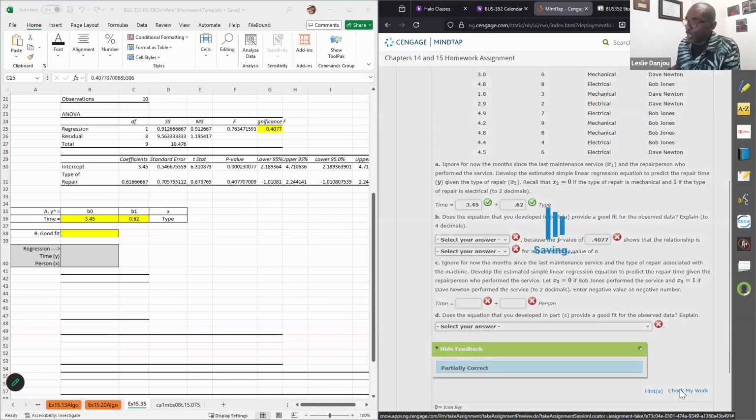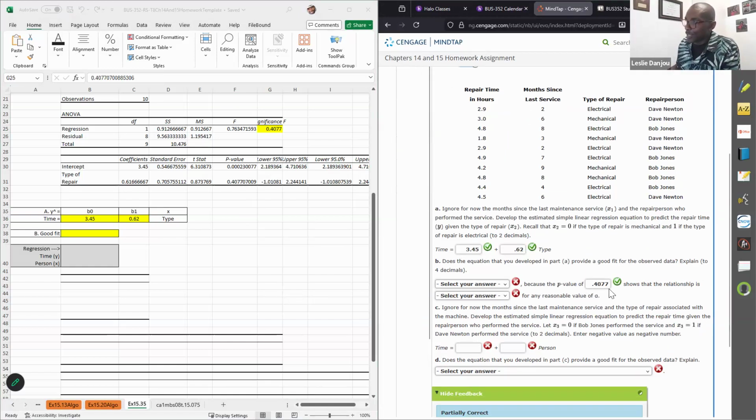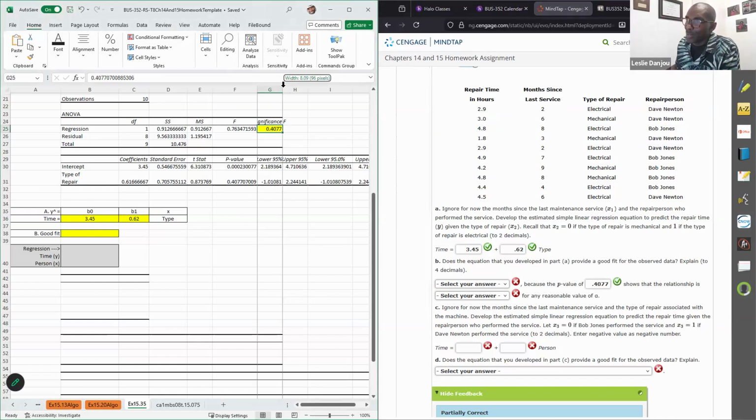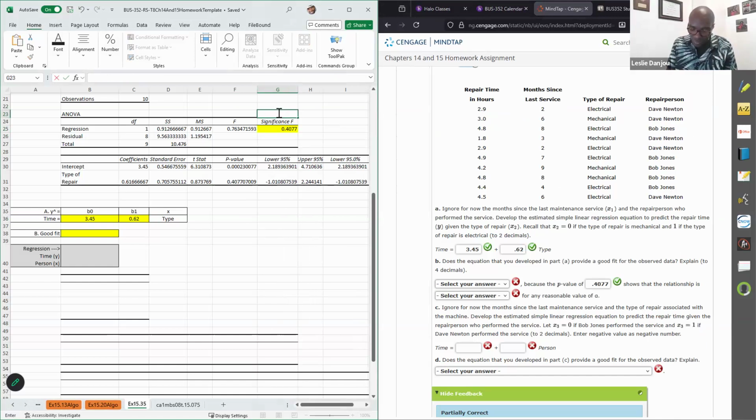Once again, we should all have the same numbers. So please make sure that you have your overall p-value right here. I'm going to double click on it to move it over. Don't forget, this is your overall p-value. Once again, this is your test statistic.